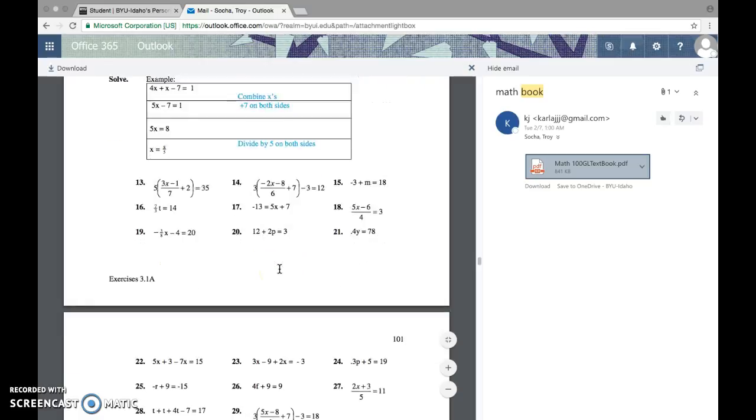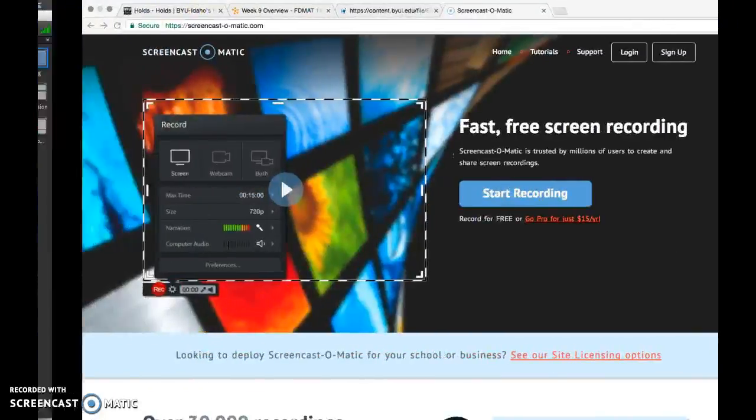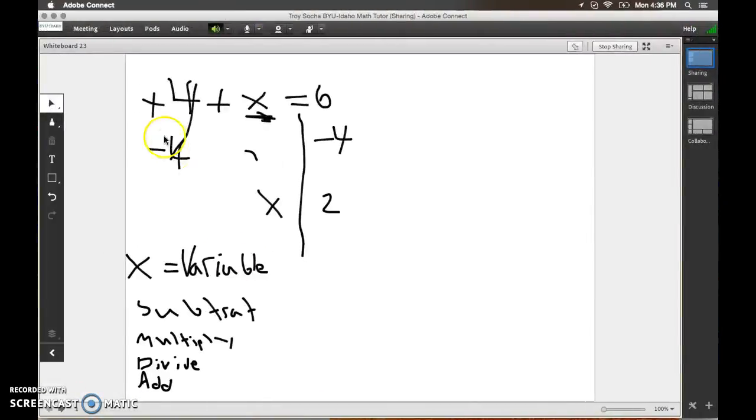Most of these are simplification. Oh, there we go. Here's ones that are solved. So we're going to take problem 17 from 3.1A. All right, so we're taking problem 17. That's what it looks like.